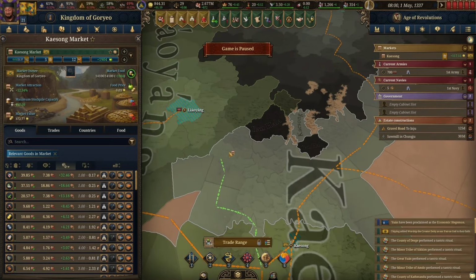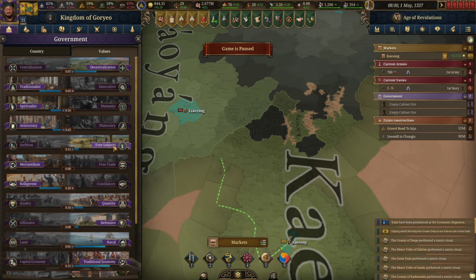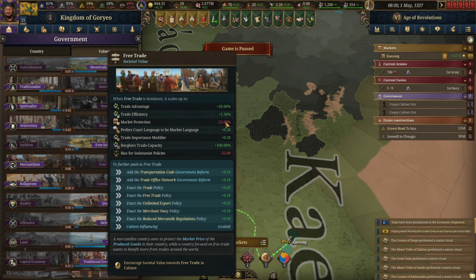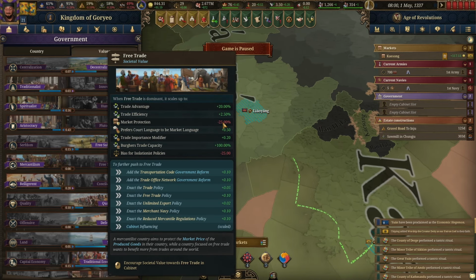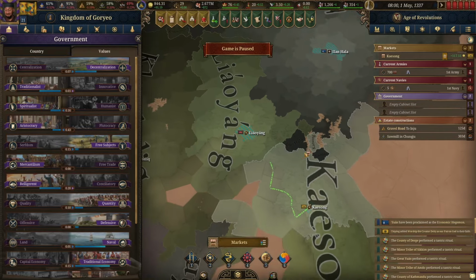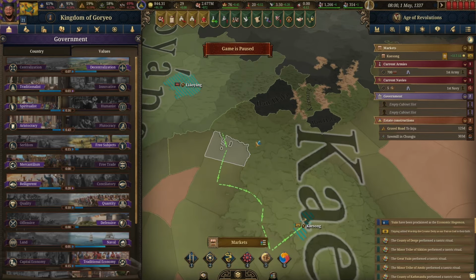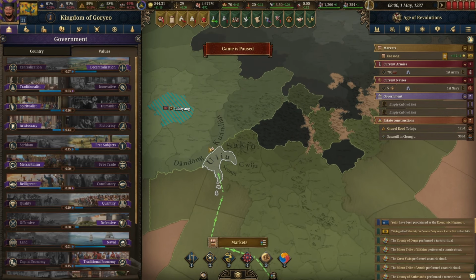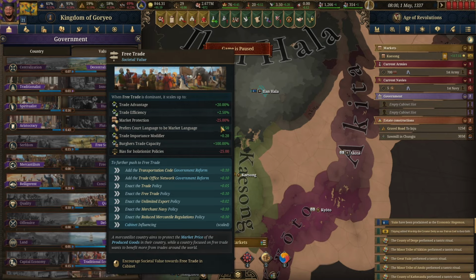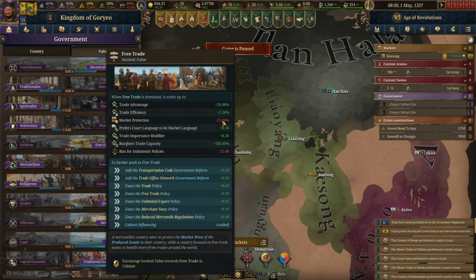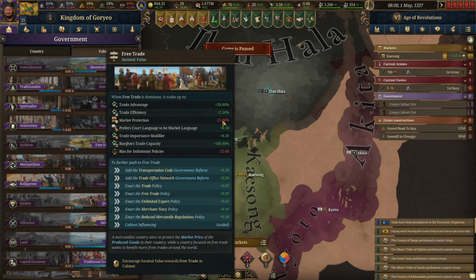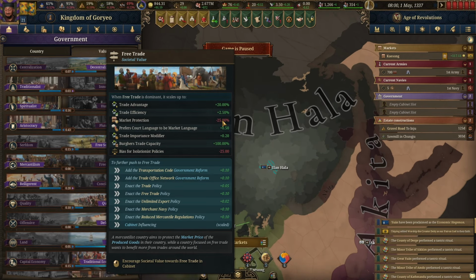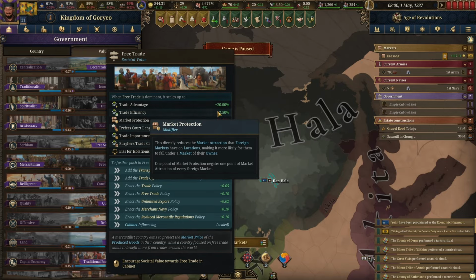So with low or negative market protection like free trade has, it's possible for locations to slip out of the control of your market and into the control of another nation that controls that location. It isn't really that big of a deal unless you're playing as maybe a smaller trade-focused nation who's forcing locations in other countries to be a part of your market and profiting off that.